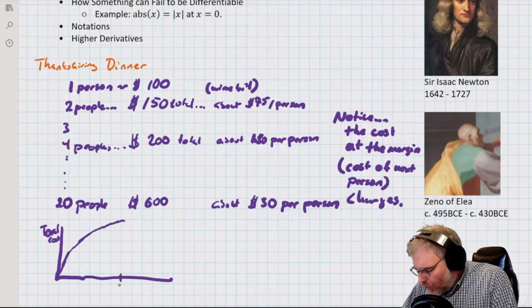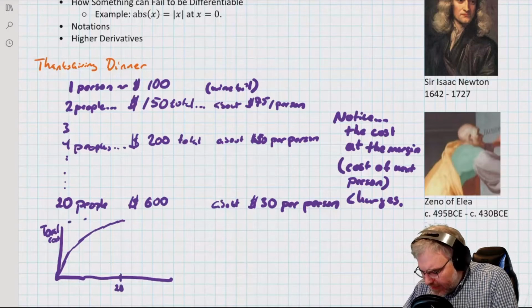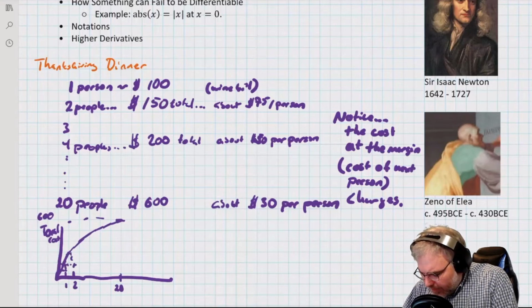But around 20 people, it's at 600. At one person here, right? At 2 people, it's at 150. At one person, it's kind of at, not drawn to scale, obviously. But right, I go from 100 to 150.